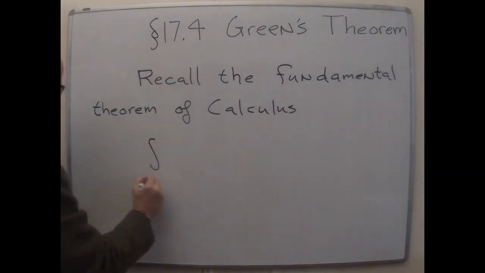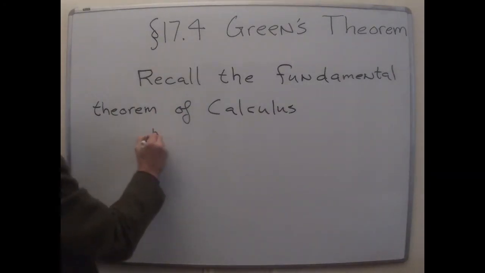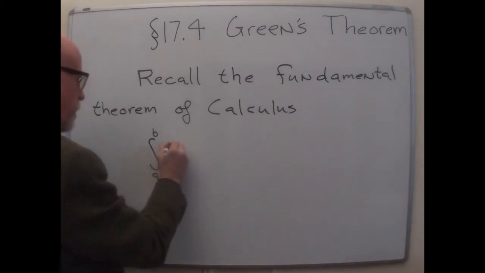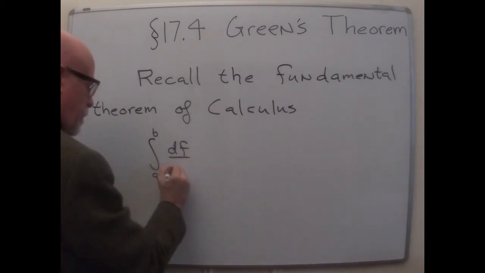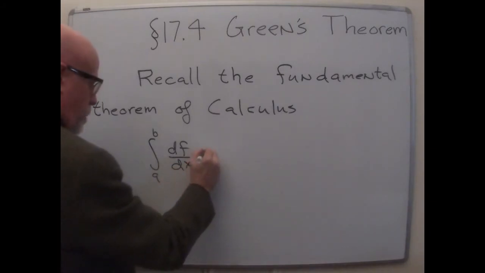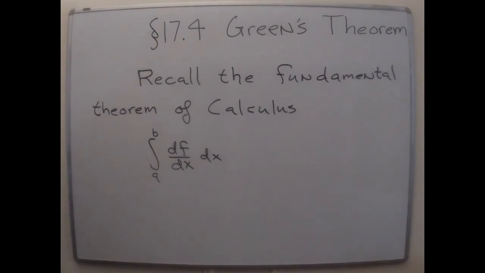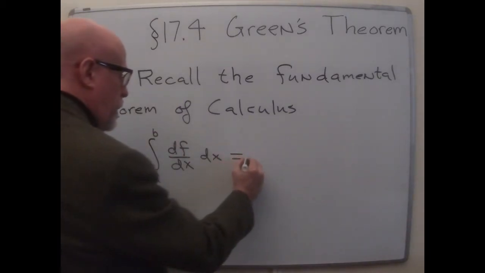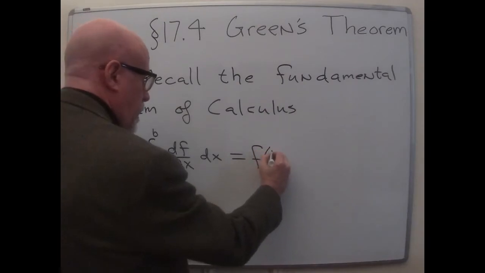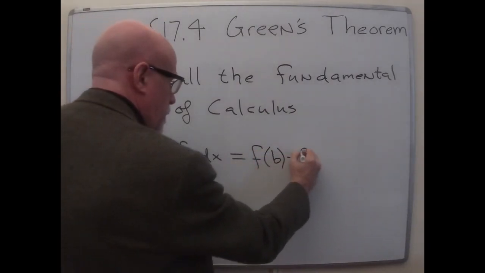If you do an integral from a to b of something that's the derivative of a function f, with respect to x, so we're going to integrate with respect to x, you get something that basically depends on f, not on this derivative thing. And in fact, remember, it's the difference between f at b minus f at a.